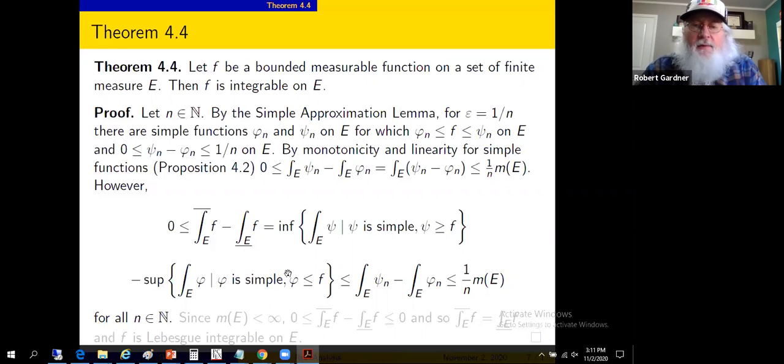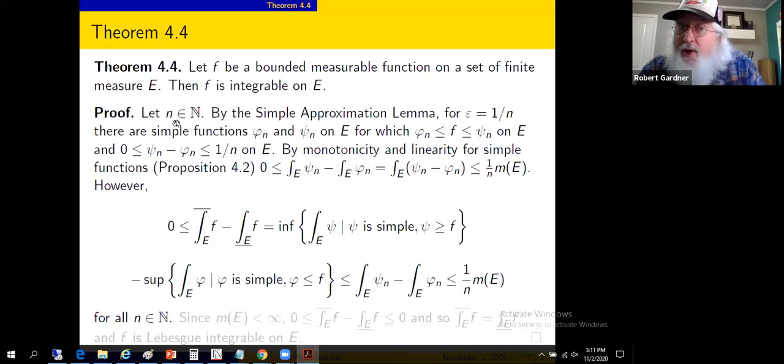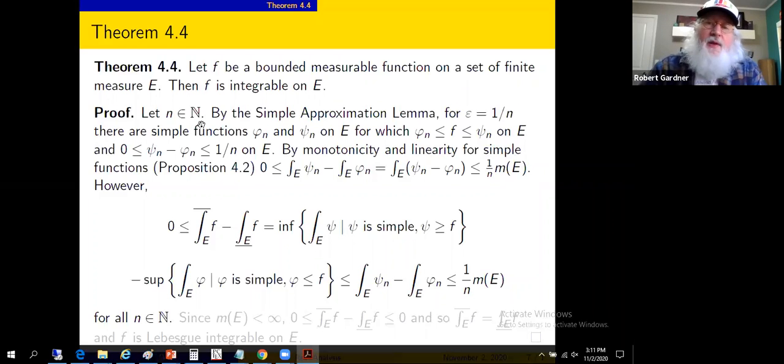Okay, now I want to pick these particular phi sub n, psi sub n, satisfying these conditions we were talking about upstairs. This whole thing started with n as a natural number. And we're dealing with epsilon equals 1 over n in the argument to come. But we've created for this n value these psi and phi simple functions. So think of it like this. We're taking an inf of a set.